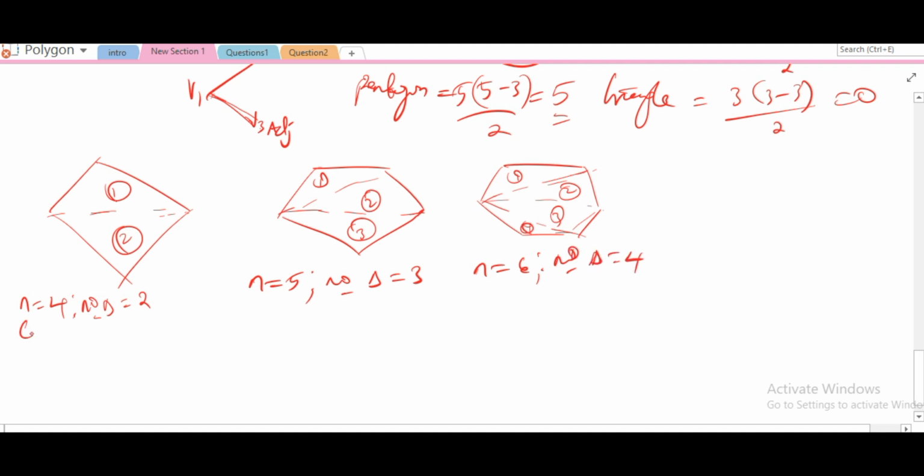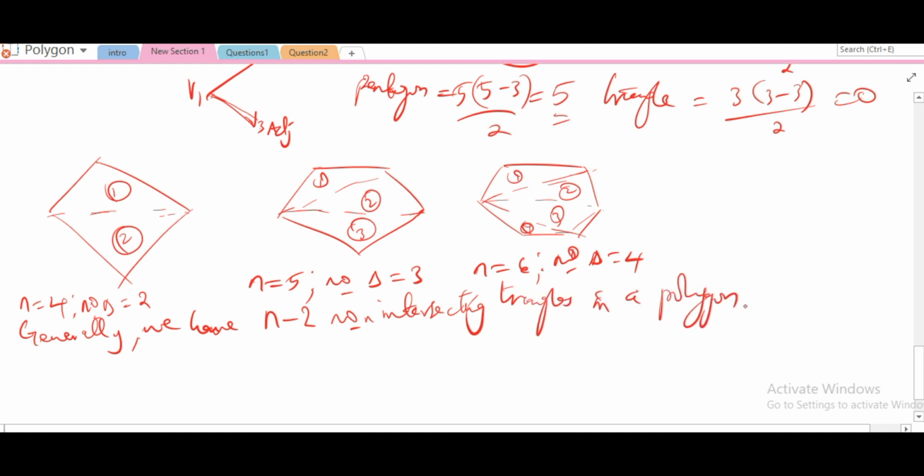So generally, if you notice what is common, they go down by 2. 4 sides, 2 triangles, 5 sides, 3. So generally we have n minus 2 non-intersecting triangles in a polygon. So that's it.